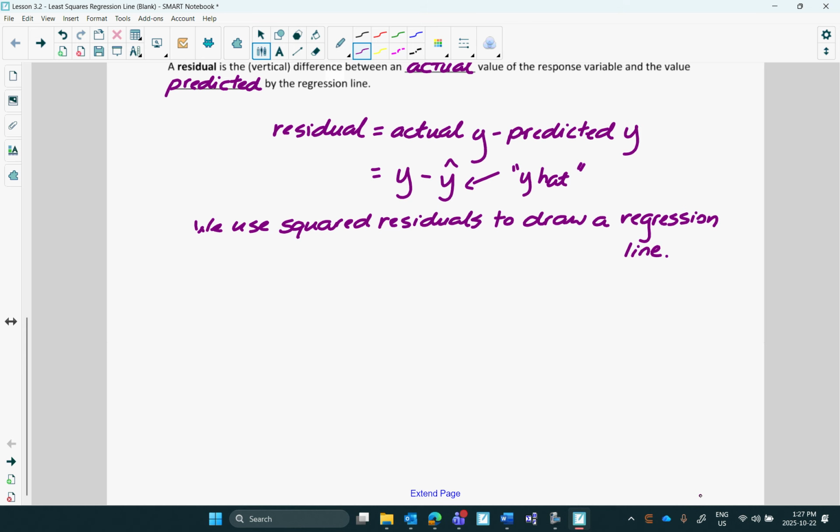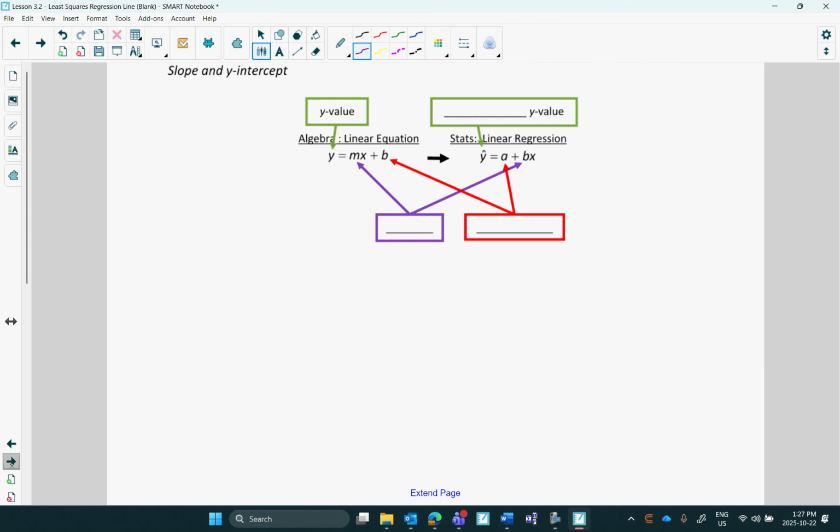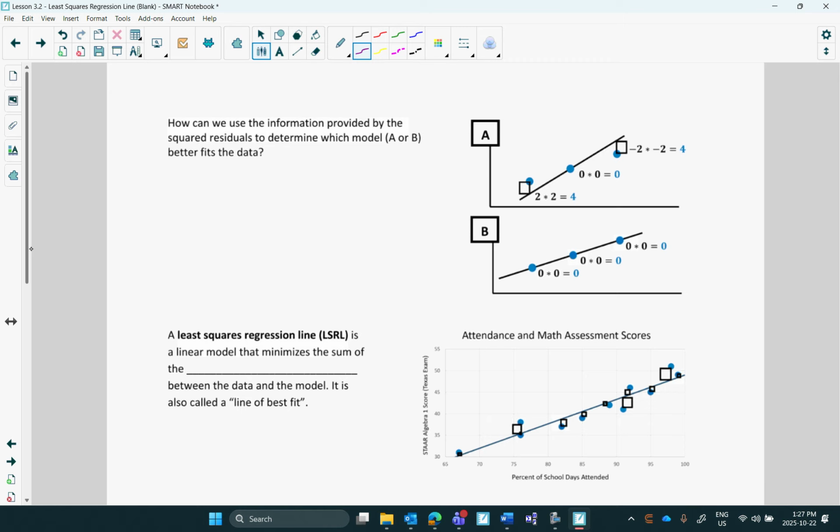Because if we didn't, these are squared residuals, but just ignore the multiplications here and the answers for a second. Just look at the 3 points and the line that's on there. If we didn't use squared residuals, if we just calculated the residual, this and this would cancel each other out. This is already the line. The sum of the residuals would be 0, right?